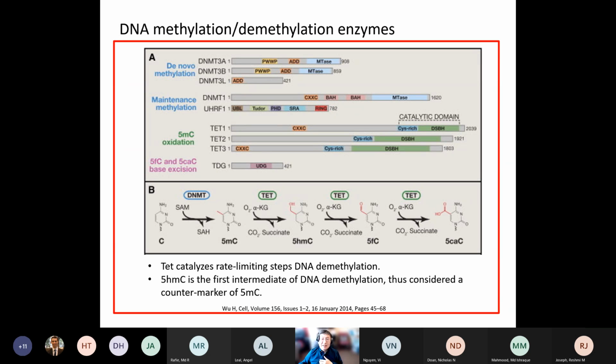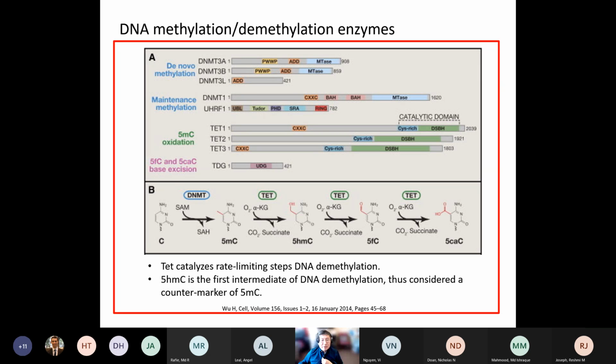So now you know the DNA demethylation is coupled to metabolism. Alpha-ketoglutarate is an intermediate of the TCA cycle, an important one that gives rise to succinyl-CoA, right? That's I believe the fourth step of the TCA cycle.